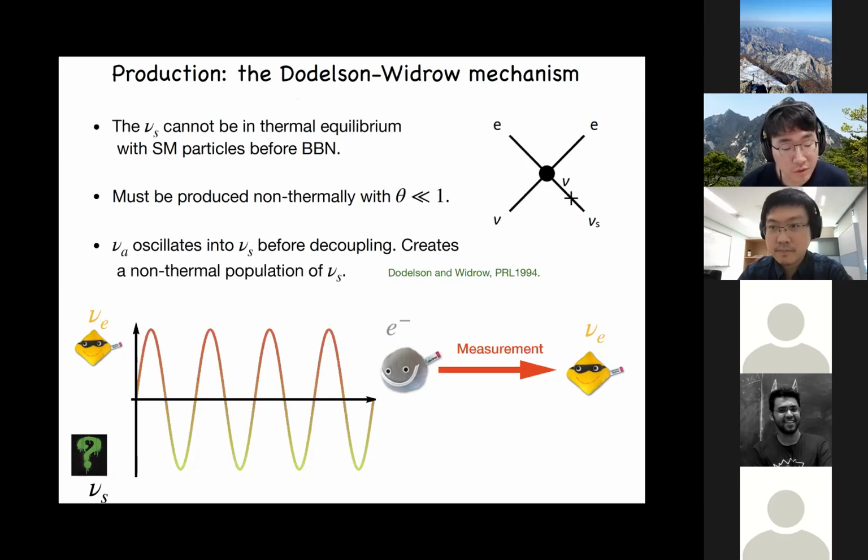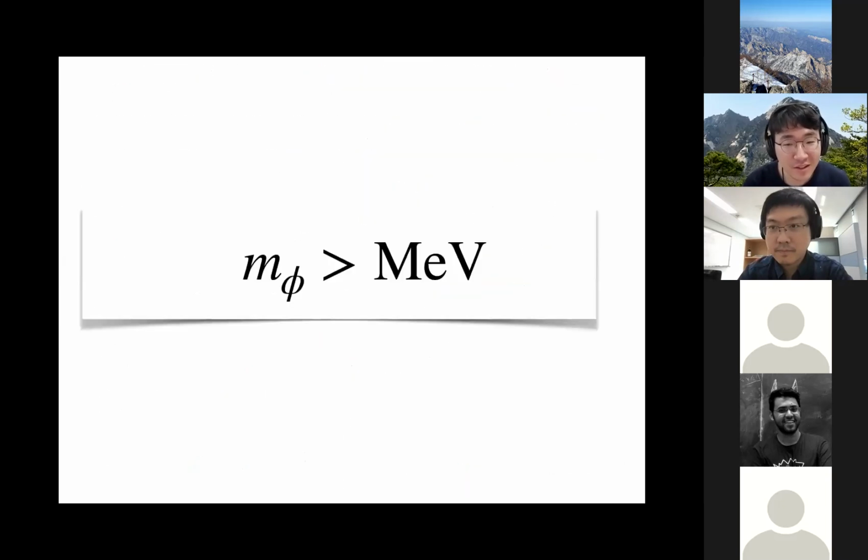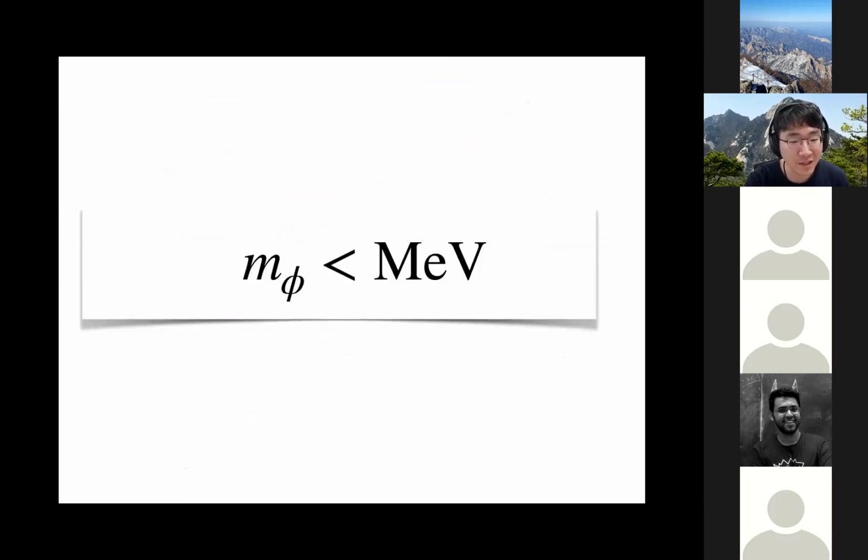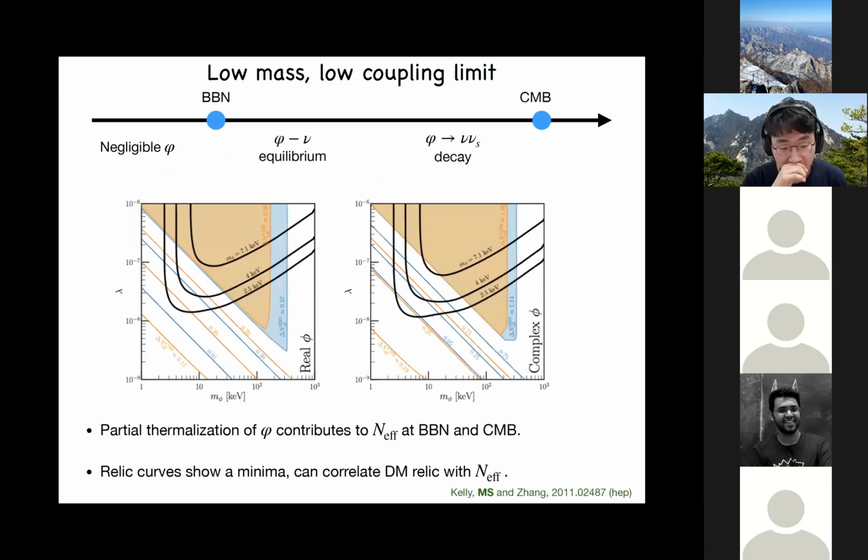Could you go to the intermediate region? This one, right? No, the M5 is this one. The total curve is shown.